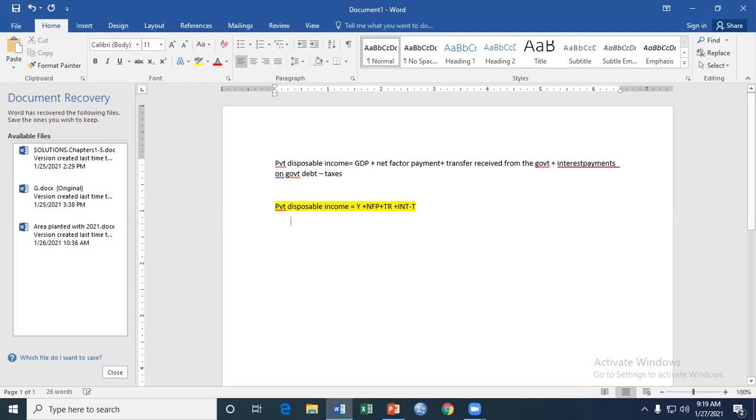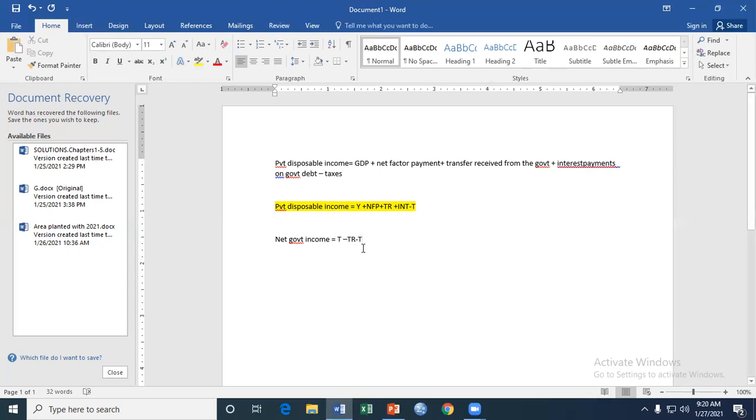How could you write this expression? Net government income is equal to taxes minus transfer payments minus interest paid to the private sector by the government.